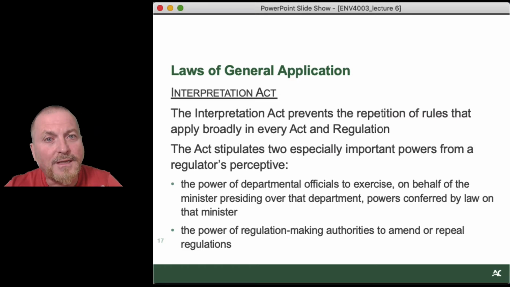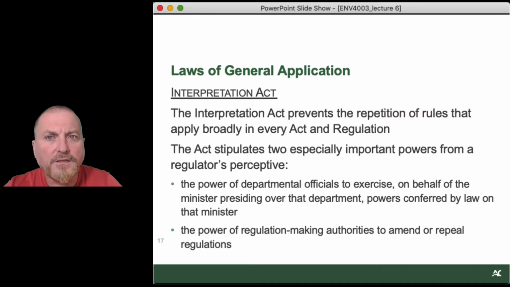But the minister delegates that to their officials under the power of the Interpretation Act. He or she delegates it to the experts in the department to do that, right? Ministers don't develop these instruments, right? Ministers direct that they be developed under the authority of a legislative act by the experts that have been hired within their departments, okay?